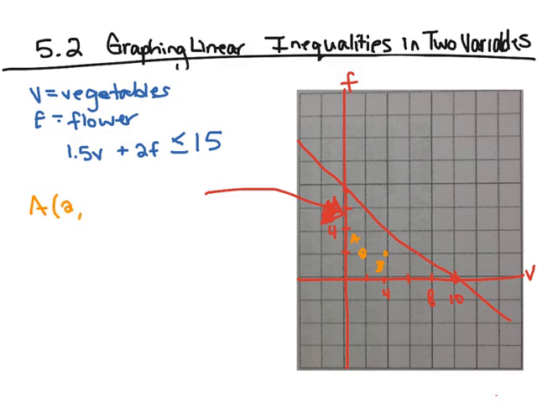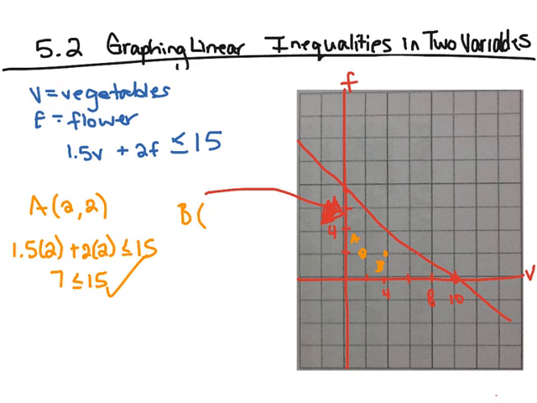A will be at 2, 2. And we can check to see if this works. 1.5 times 2 plus 2 times 2 is less than or equal to 15. So 3 plus 4, 7 is less than or equal to 15, which is right.